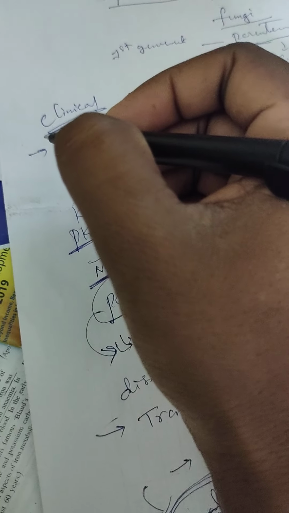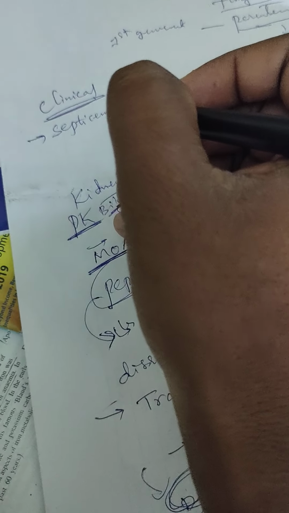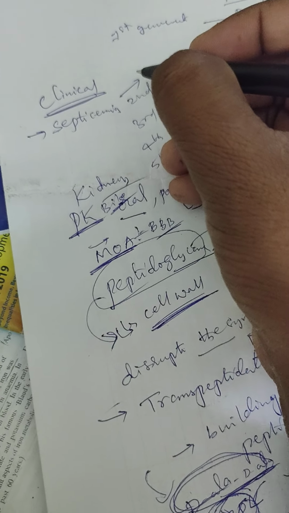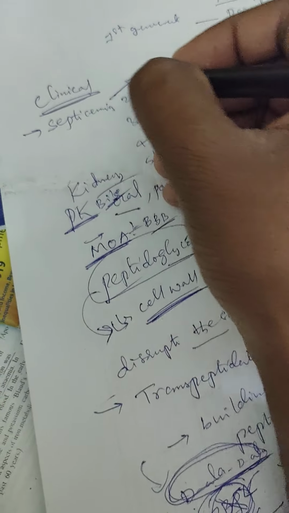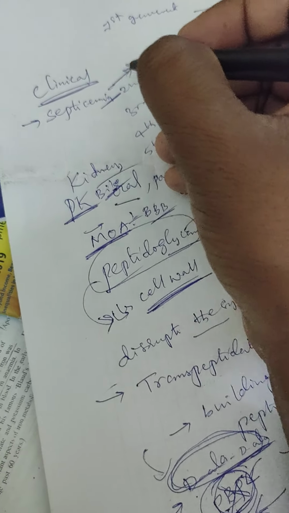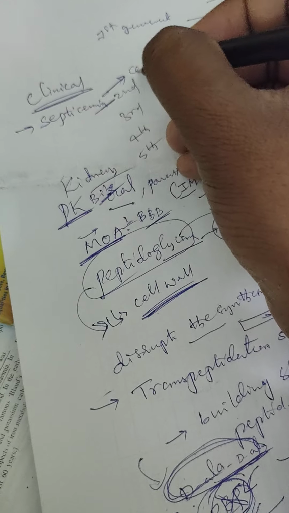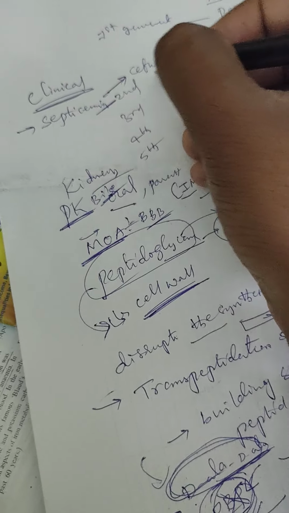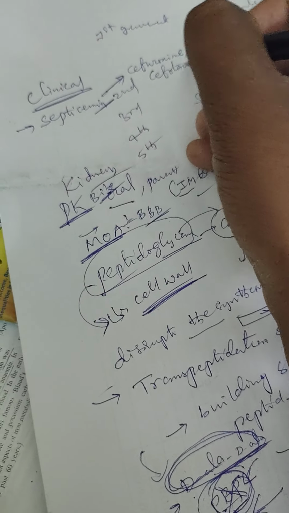Many different kinds of infections are treated with these cephalosporins, including mainly septicemia. Mainly two drugs are used for septicemia: cefuroxime, which is in the classification, then cefotaxime.